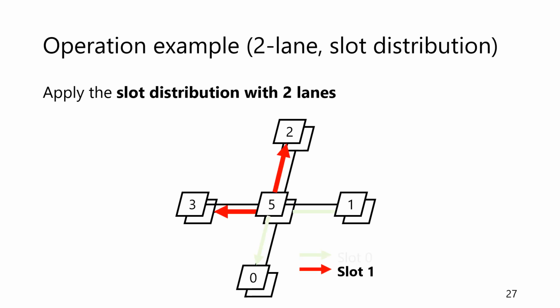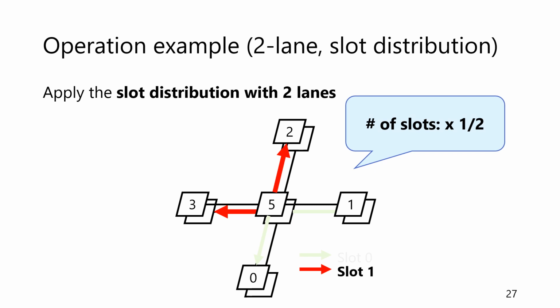In slot 1, packets are transferred from node 5 to node 2 with the upper lane, and from node 5 to node 3 with the lower lane. In this example, the number of slots can be reduced to half by applying the slot distribution with 2 lanes.